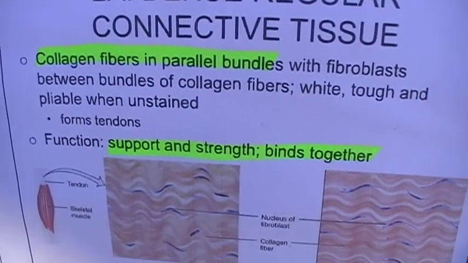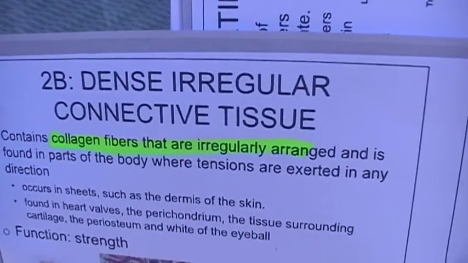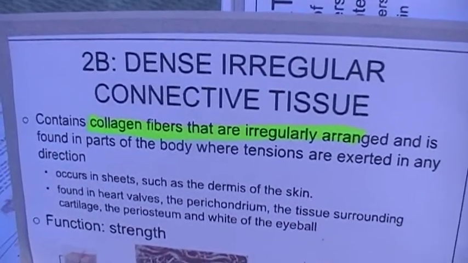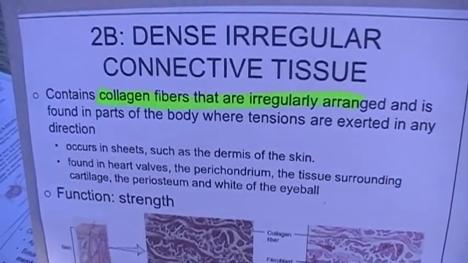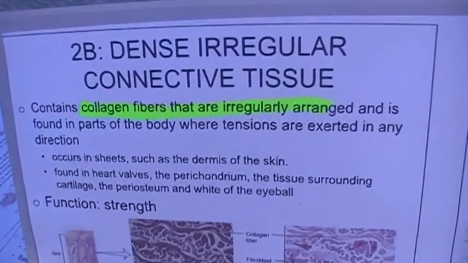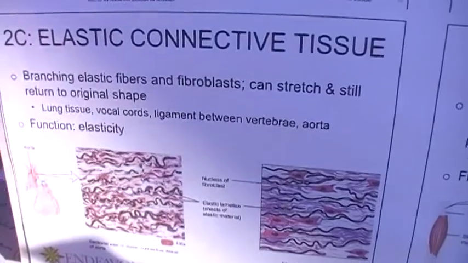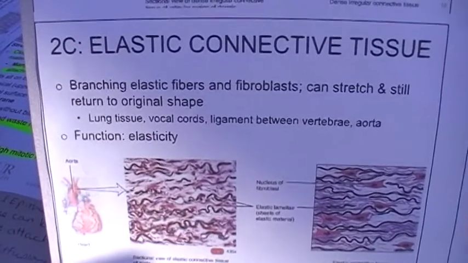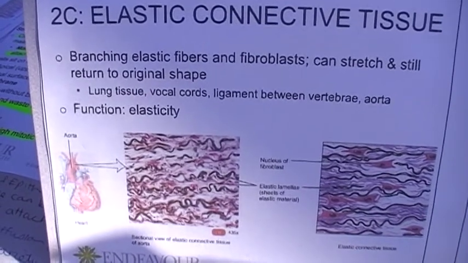What's its function? Dense irregular tissue also has collagen fibres, but they are irregularly arranged, and where are they found? Parts of the body where tensions are exerted in any direction. And the third one, type of dense, is elastic connective tissue. Its function is elasticity.